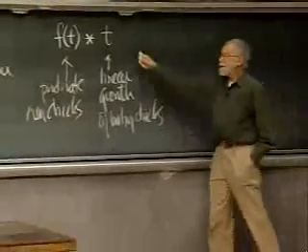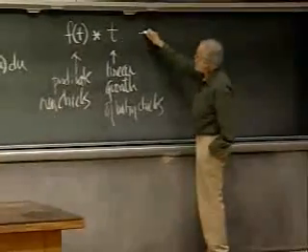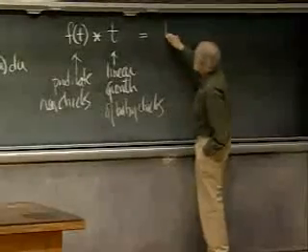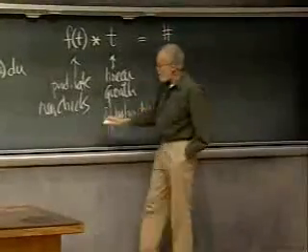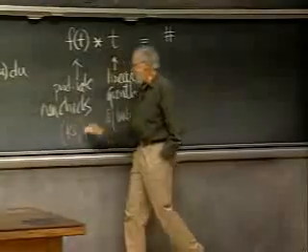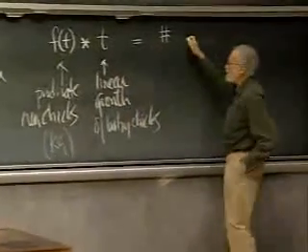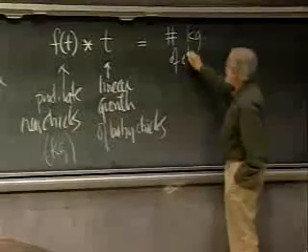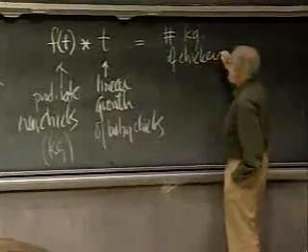Okay? And it will be the convolution, which will tell you at time t the number of kilograms. We better do this in kilograms, I'm afraid. Now, that's not as heartless as it seems. The number of kilograms of chickens at time t.